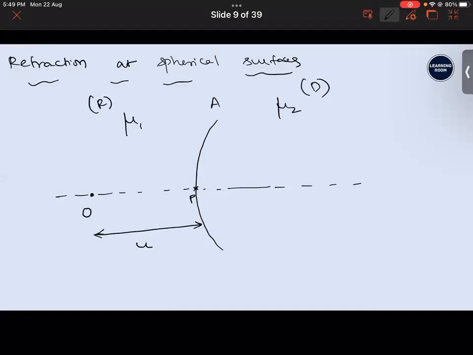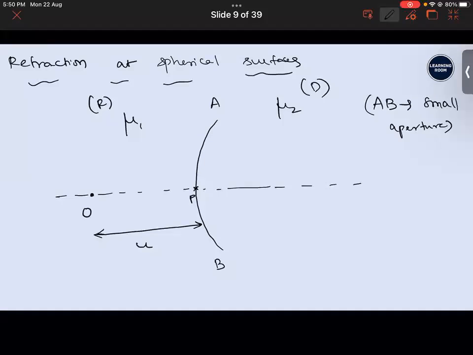One point to be noted here is that AB has a small aperture. Wherever you see small aperture, what comes to your mind? The curvature can be approximated to a straight line. Means AB is actually like a straight line and O is a point object.